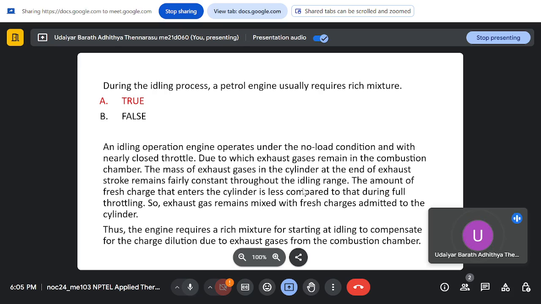Hence when you're just starting your vehicle, it requires much more fuel to warm up and to give it an initial push. Because of the dilution by the exhaust gases, it requires a much richer fuel charge. So hence it's true.